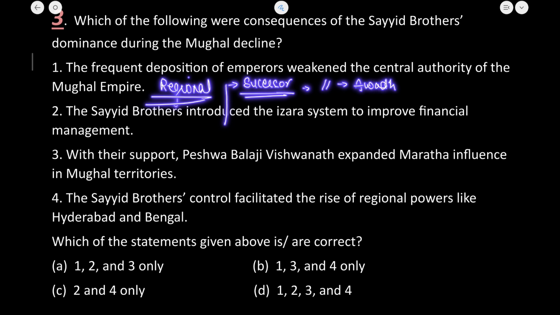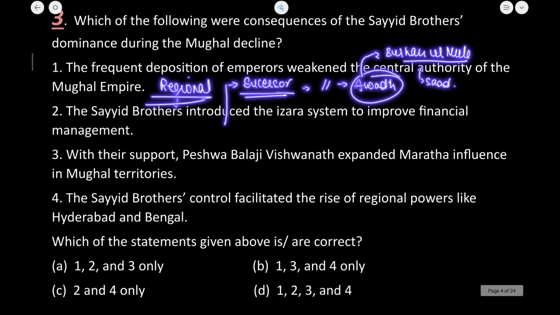This Awadh was established by Burhanul Mulk, whose other name was Sadat Khan. Then Bengal was also a successor state. It was established by Murshid Quli Khan.